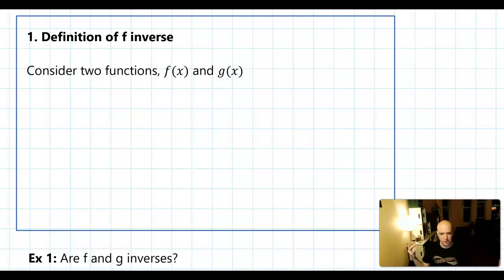And right now, we don't know what their equations are. We're being about as general as we can.